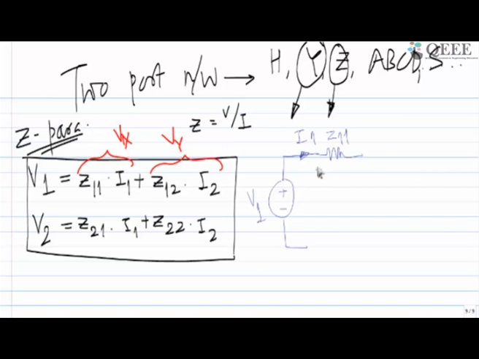So the voltage drop across this one will be Z11 times I1, and as I2 is not available, I am going to put something in series, and that something is Z12 times I2.